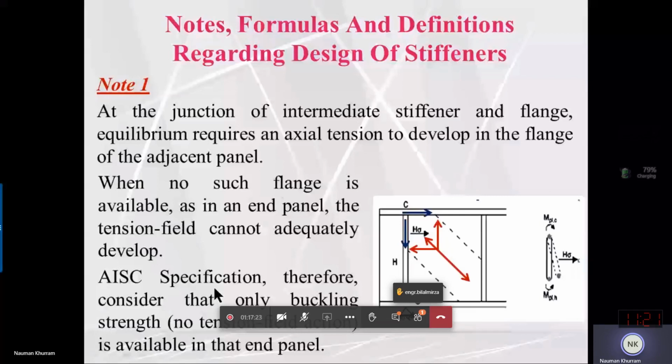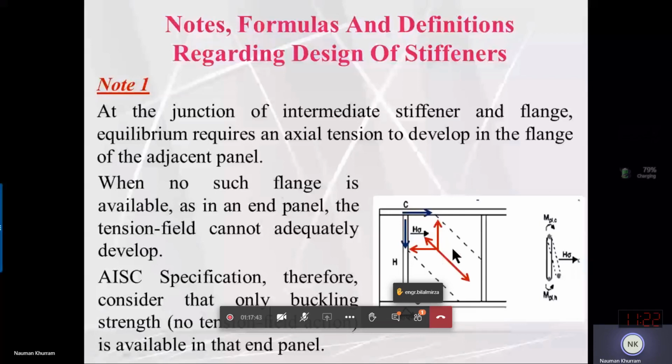If the flanges are thin or we are not providing intermediate stiffeners, then we will not have the strength contributed by tension field action. The capacity will only be governed by the buckling strength of the web.